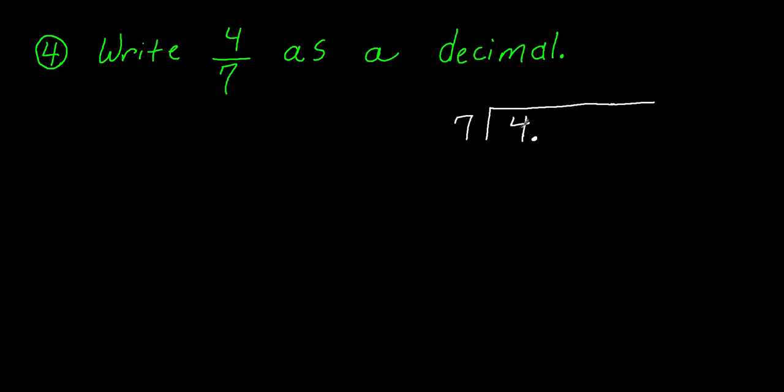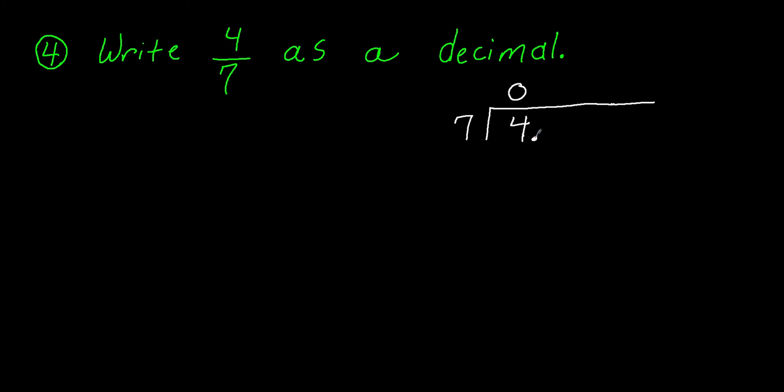How many times does 7 go into 4? Well, 7's bigger than 4, so I put a 0 here. Now what do we do? Just like I showed you before, we can tack on zeros. These all mean the same thing. So I'm just going to add zeros after this decimal point. Remember, there's always a decimal point at the end of a whole number if it's not shown.